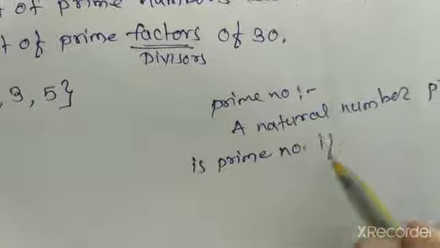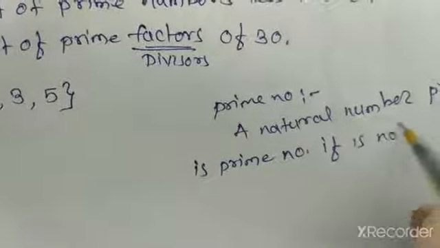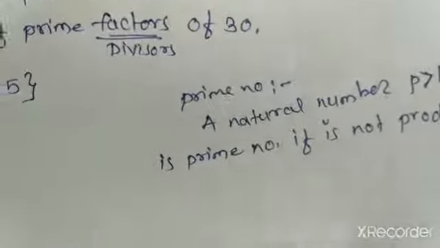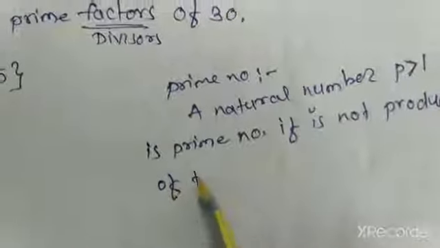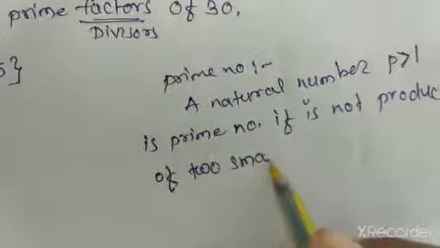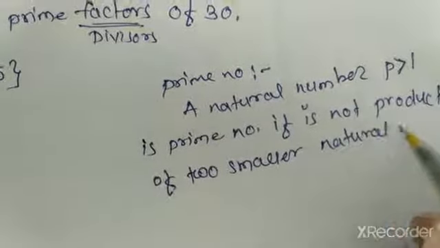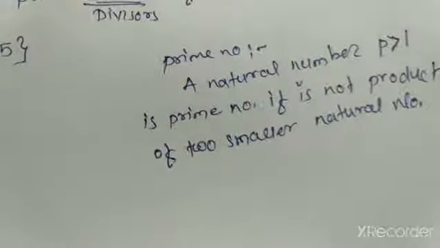P greater than 1 is a prime number if it is not the product of two smaller natural numbers.